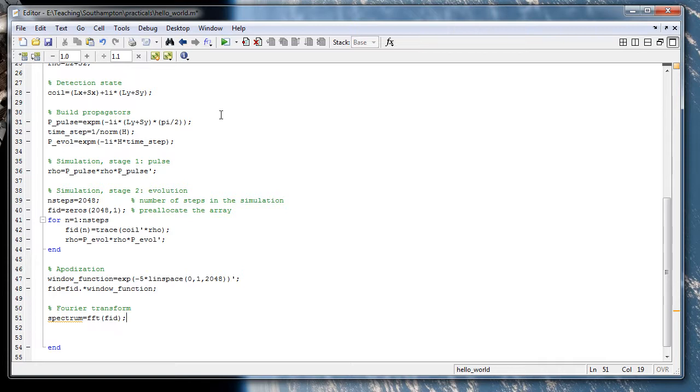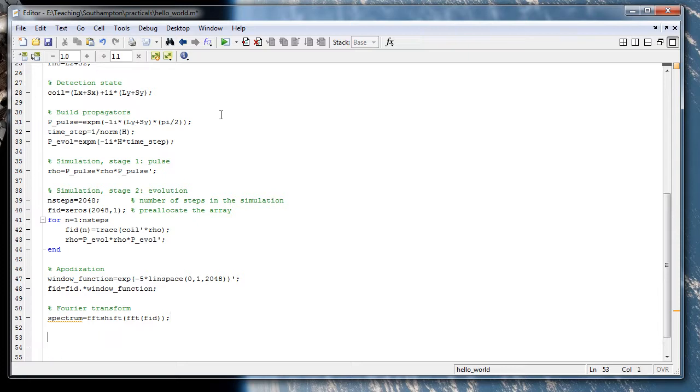It places it at the edge of the spectrum. So left edge, and because it reflects periodically, right edge corresponds to the zero frequency. Not something that's conventional in NMR, so typically what we need to do is to shift that frequency into the center, and the command for that, obviously MATLAB realizes that some engineers prefer things in the center, is FFT shift. So we'll shift it to the center.